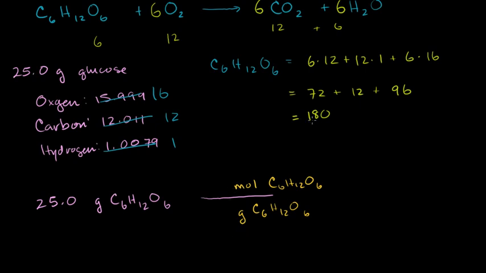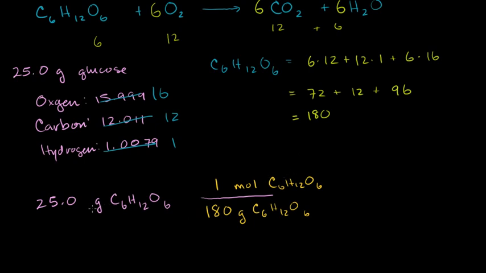So how many grams per mole? Well, we just figured out the atomic weight is 180. If we have Avogadro's number of these molecules, it's going to have a mass of 180 grams per mole. That's the information we got by figuring out glucose's atomic weight. So let's perform this calculation.